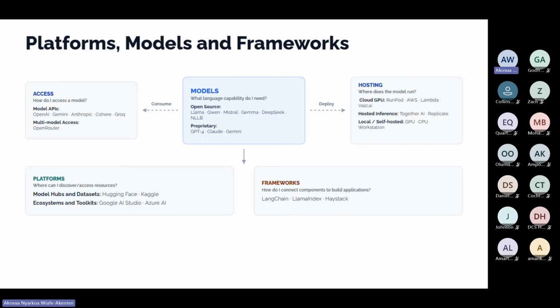But in the event that you also want to use multimodal models, or you want to access multiple models using a common interface, then there are other platforms such as Open Router. In fact, Open Router is free to an extent.